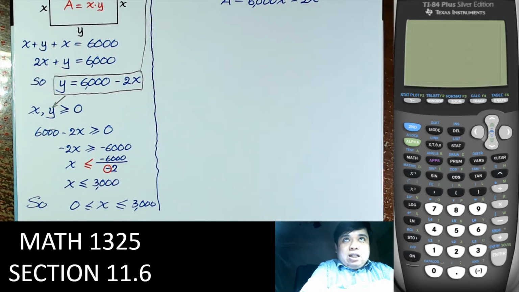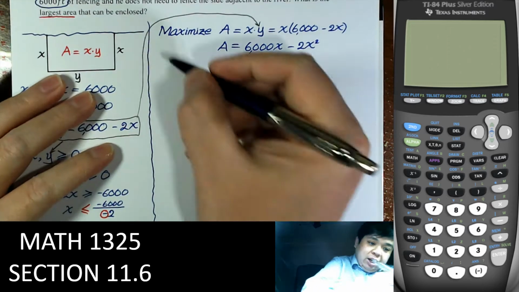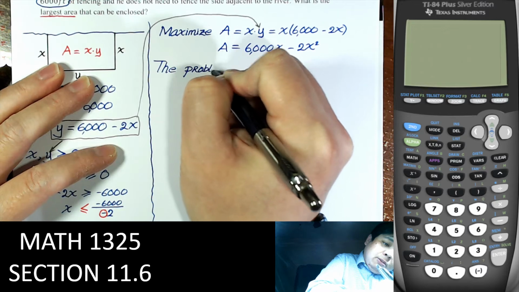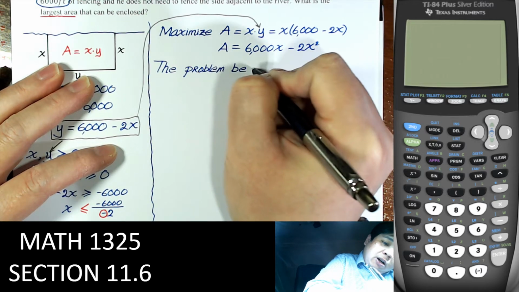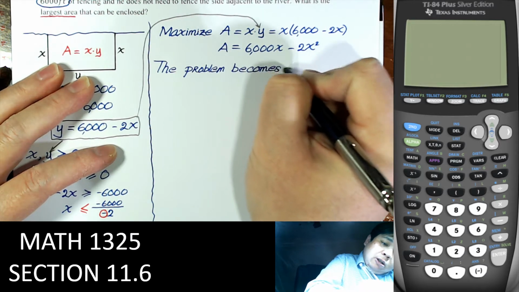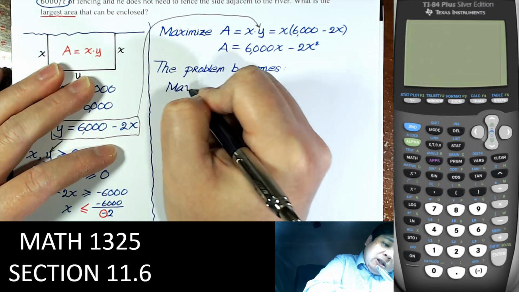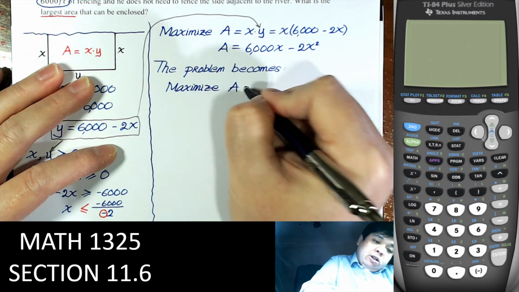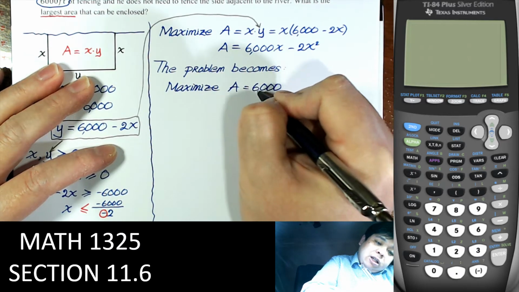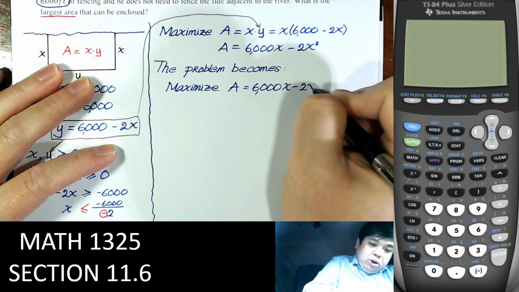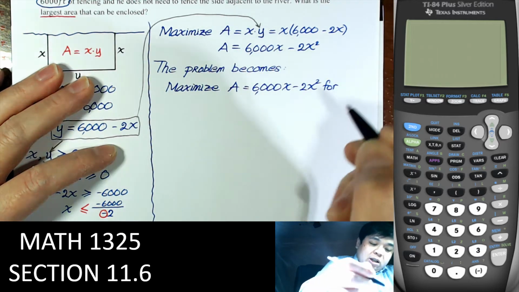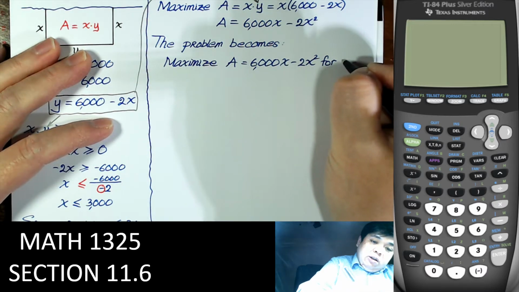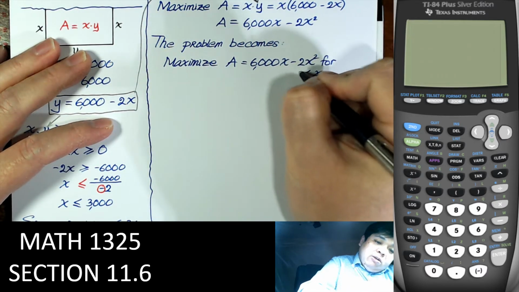So when we put that together, the problem becomes: maximize the function 6,000x minus 2x squared for x between 0 and 3,000, from 0 to 3,000.